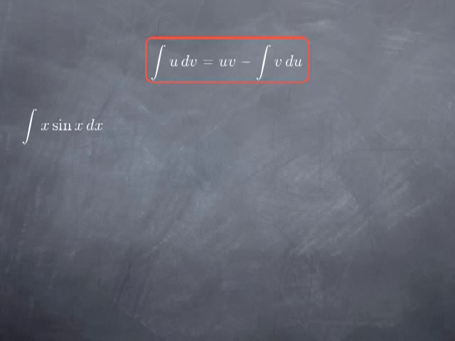To do that we have to pick which one of the two functions x and sin x are going to be u and dv. So one of these two terms is going to be u, the other one dv. U is going to be differentiated, dv is going to be integrated. So we need to pick in such a way that we get something simpler.